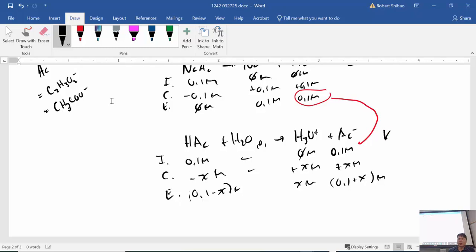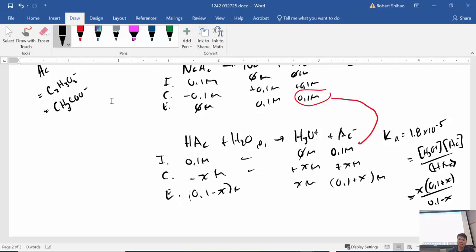And so when I do this, you know, the Ka for acetic acid is 1.8 times 10 to the minus 5, which is equal to the hydronium concentration times the acetate concentration divided by the HAc concentration, which is equal to x times 0.1 plus x. And so it's not x squared up here, it's 0.1 plus x, which means x can be a lot smaller, over 0.1 minus x here. And when we try the simplifying assumption, etc., we go on.